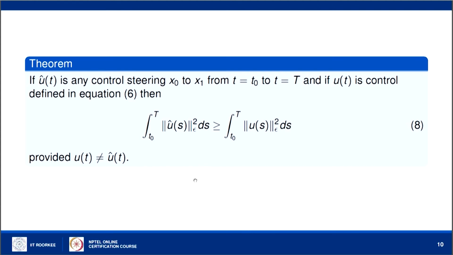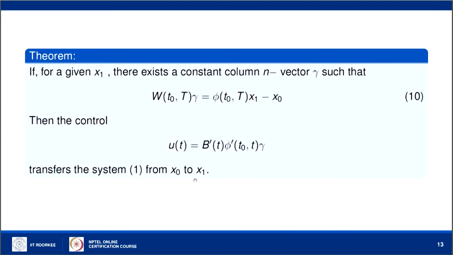Now, if the system is not controllable, is it possible to find a condition or a control which can steer the system wherever it can be controlled? If a system is not controllable, it does not mean that we cannot reach any position.